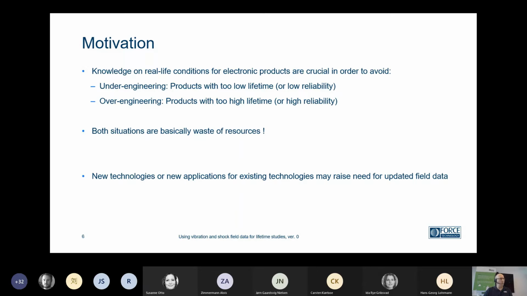And in the old days, we used to try to make electronic products last as long as possible. Nowadays, in order to avoid waste of resources, we try to find the right lifetime, not too short, not too long, and we want to find it balanced between the different parts of the electronic products. And when we have new technologies and new applications for existing technologies, then we might need updated field data as we do here.